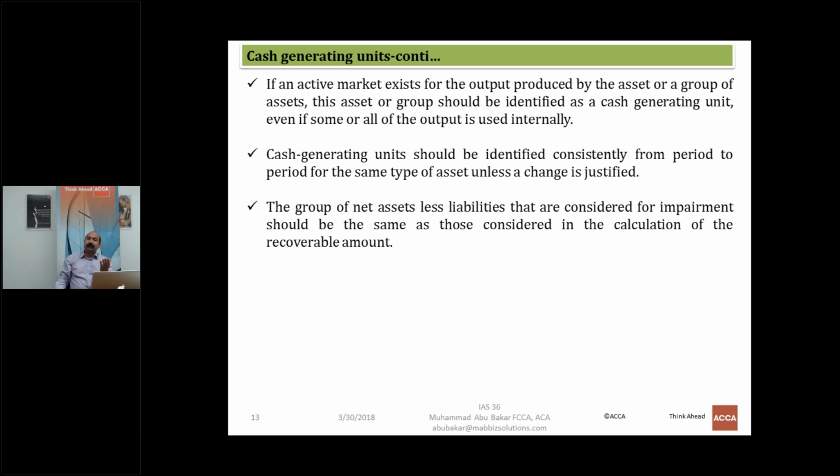The consideration is, does this smallest group have the ability? If the answer is yes, then this smallest group of assets will become a cash generating unit.